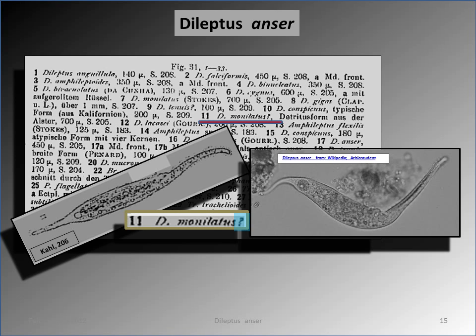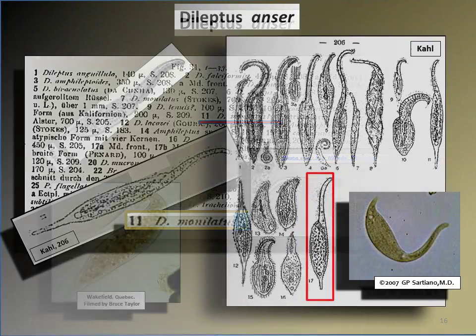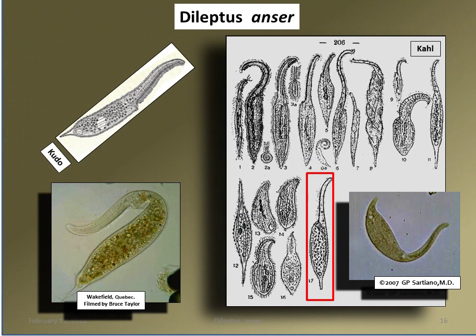It seems that Kahl wasn't certain about whether this organism represented a variant or a separate species. Dileptus anser is here reduced to being the species with a somewhat stout proboscis of average length, a somewhat corpulent body, and a short but definitely pointed tail.